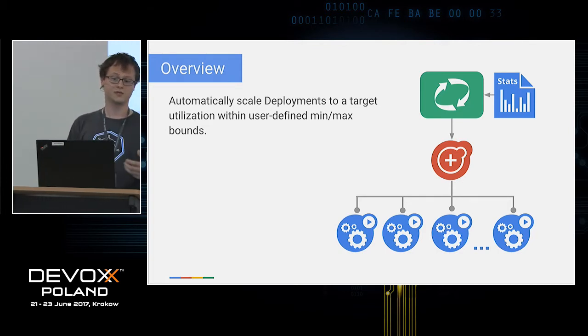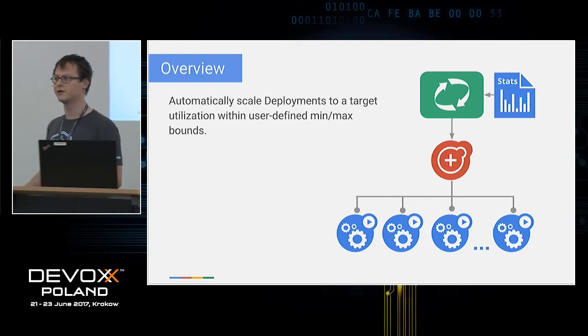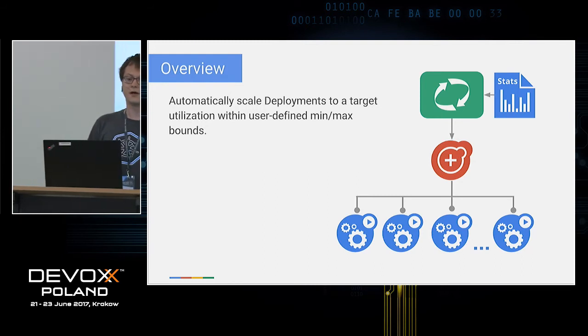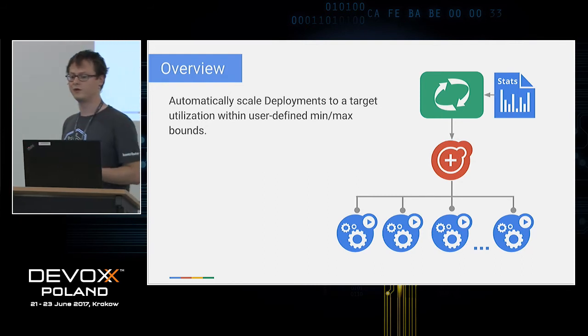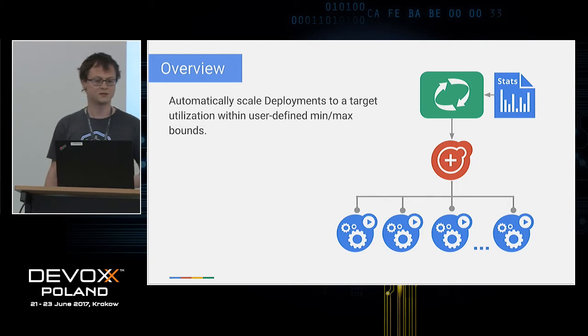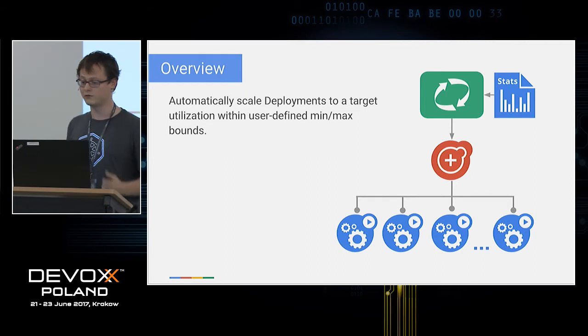We set a target utilization for all our pods. For example, we can say we want our pods to run at 60% CPU. That sounds like a reasonable usage, maybe safe-ish. And we can also provide it with a minimum and maximum, just to feel safe that it's not going to suddenly spawn too many instances that we don't really want, or just have too few.